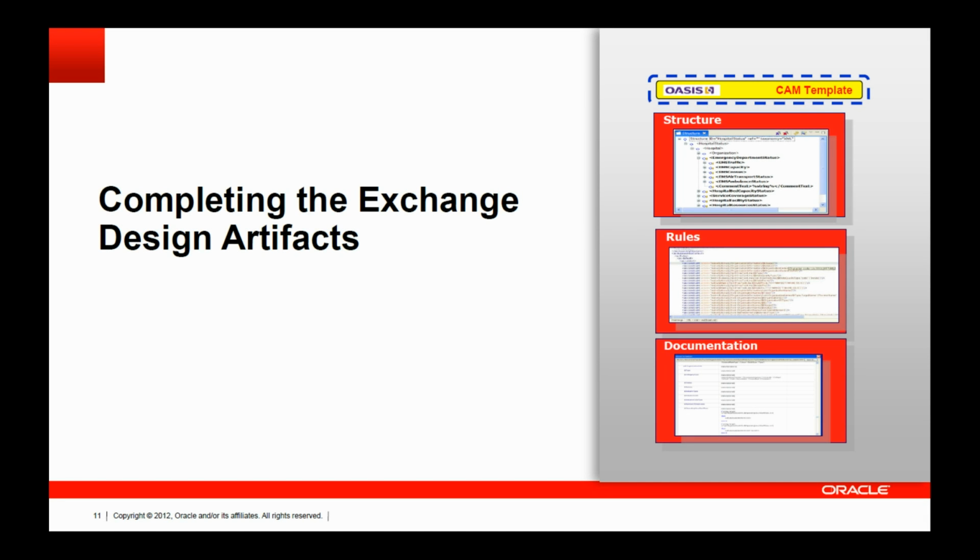So now what we're going to do is just recap what we just went through and talk about completing the Exchange design artifacts given the CAM template that we've just built with the structure, rules and the documentation in it.